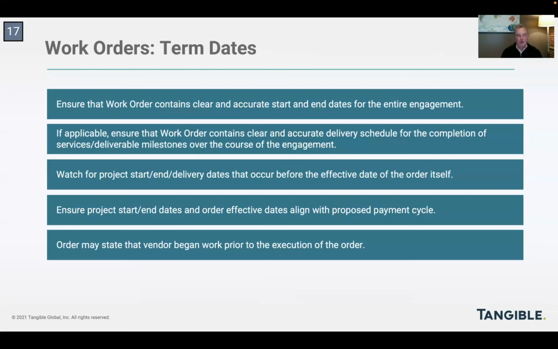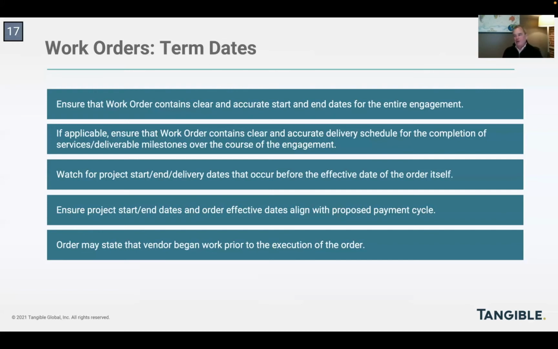It's also important to understand if the vendor, as often happens, has actually started work before the order comes into effect. There are two different tactics that companies adopt in dealing with that issue. One is to establish the effective date of the order as the time that the vendor actually started, even if that date is far earlier than the date the order is signed.